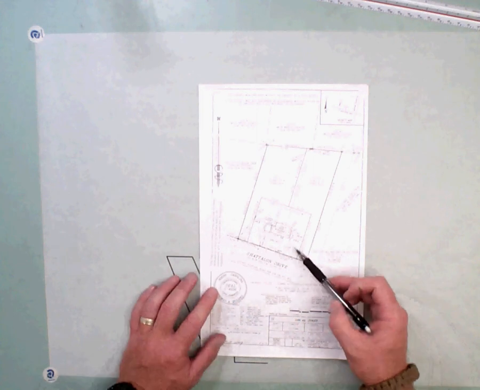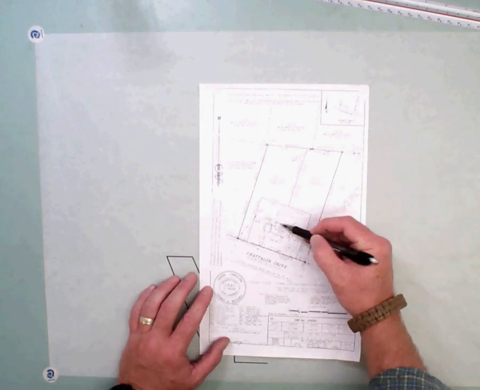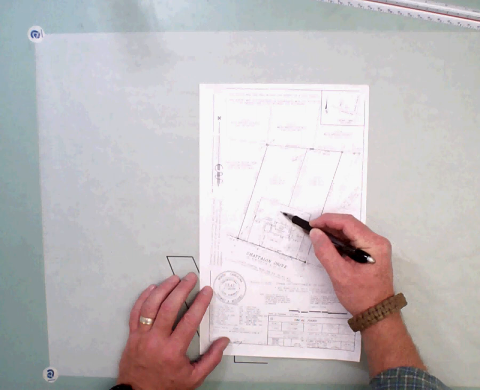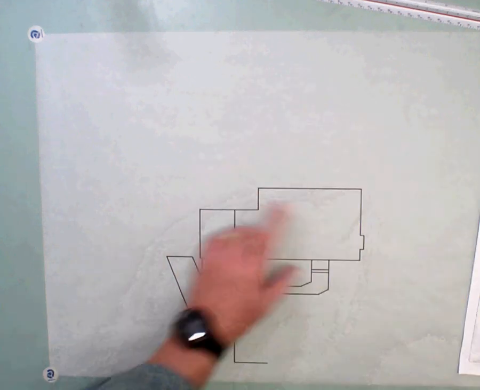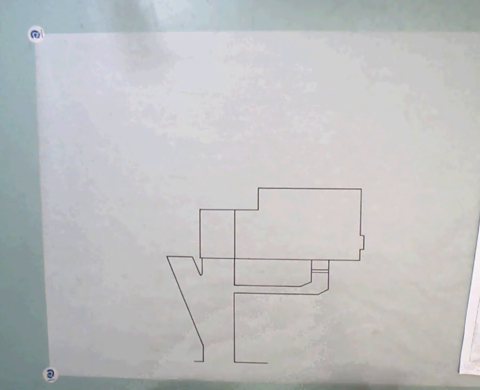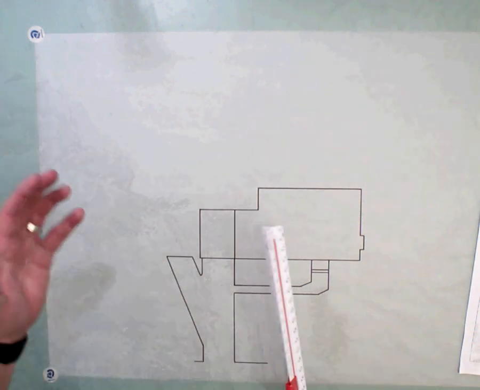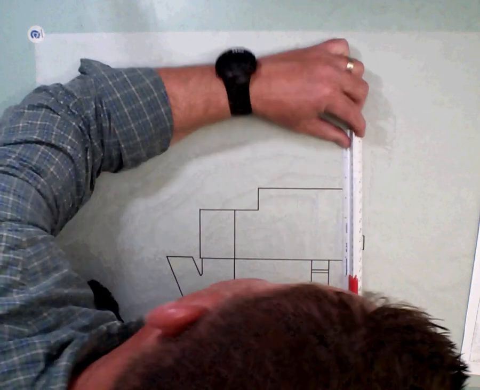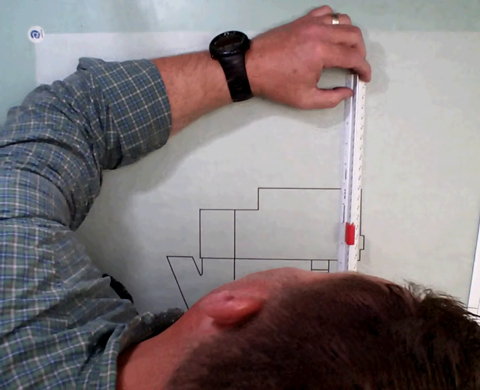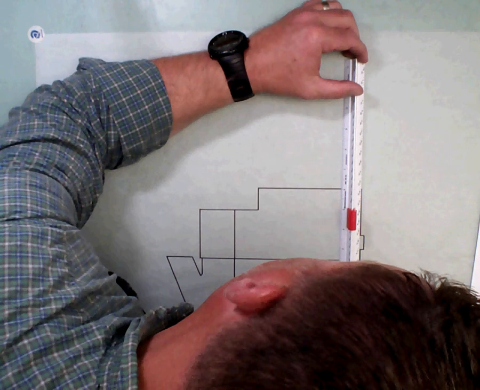But for right now, what we're going to do is measure 46.93 off both back corners of the house. So let's go ahead and do that with our 1/8 scale. 1/8 equals a foot, 46.93. Almost 47 feet, guys. So we're going to draw back roughly right there.